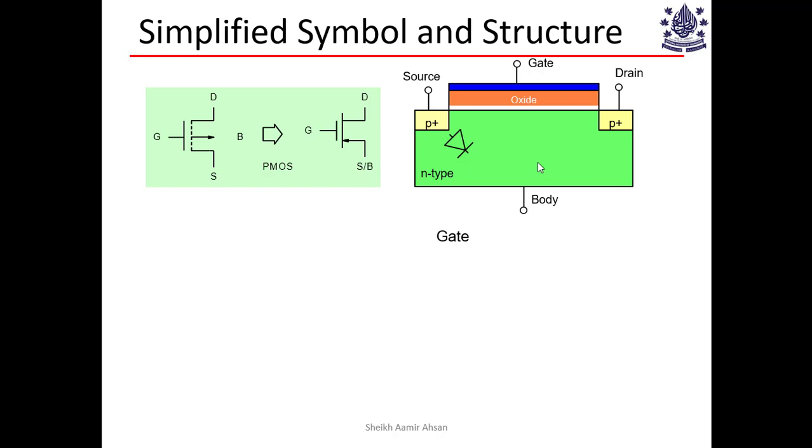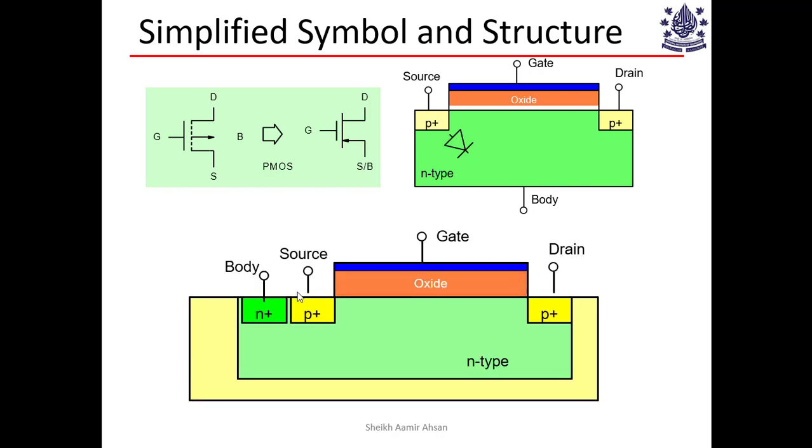You have the n-type body and heavily doped p-type source and drain regions. You also have these p-n junctions between the drain and the bulk. Now, one difference that you will see in p-type MOSFETs as against n-type MOSFETs is that you need here an n-type substrate, an n-type body in order to make a p-type MOSFET.